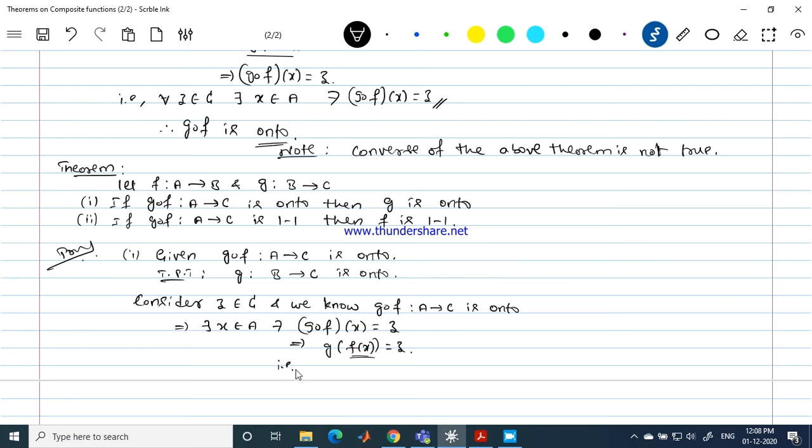So that is range equal to g of B is equal to C, because this is equal to the codomain. So that proves therefore g is onto.